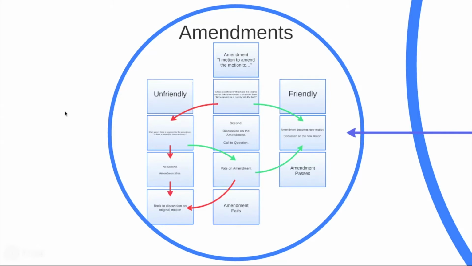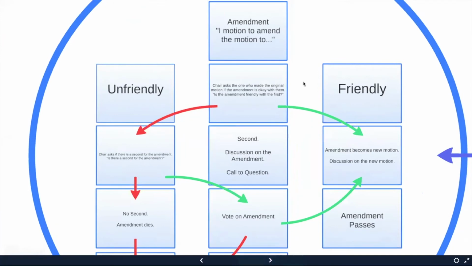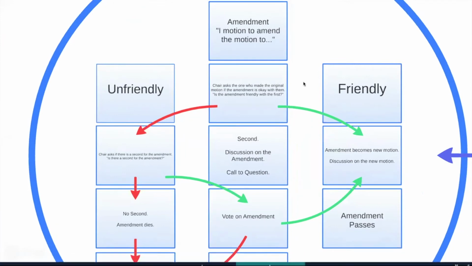Let me zoom in here a little bit so you can read that. The square right below says the chair asks the one who made the original motion if the amendment is okay with them. You can use the phrase, is the amendment friendly with the first? The first refers to the person who made the motion, as opposed to the second, the person who seconded the motion.